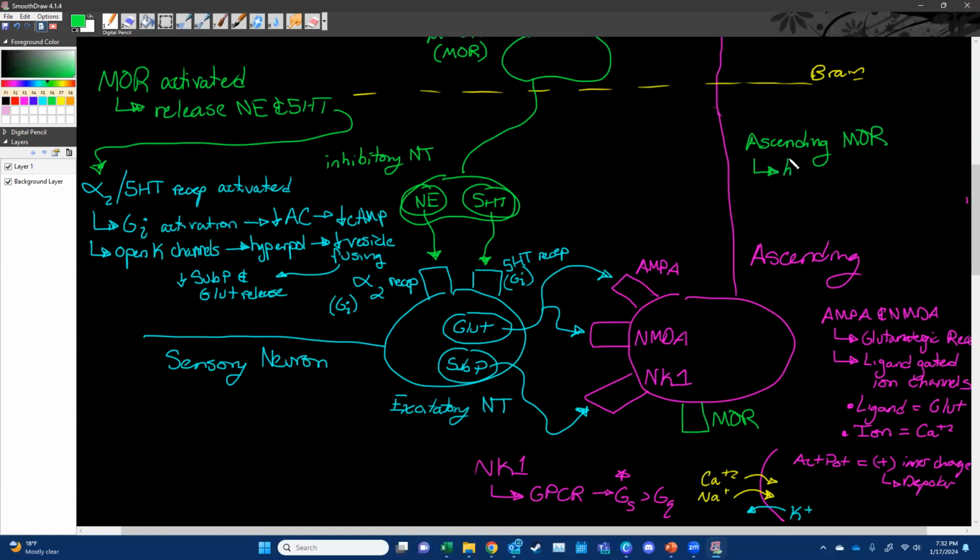This is going to hyperpolarize the cell, which is going to decrease the NMDA, AMPA, NK1 effect.